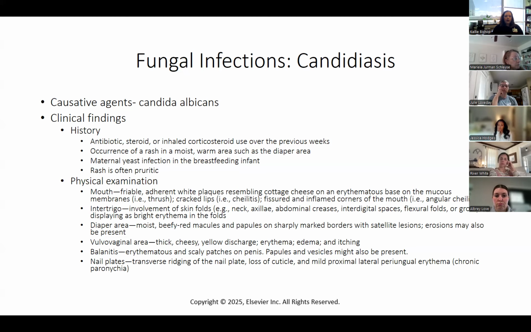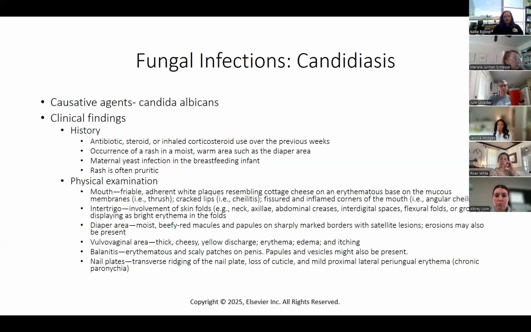Intertrigo is in the skin folds. In the diaper area, this is usually moist and really beefy red, dark red macules and papules, with pretty well demarcated borders. They can also have satellite lesions and erosions. In the vulvovaginal area, they get a thick, cheesy yellow discharge, erythema, edema, and itching.